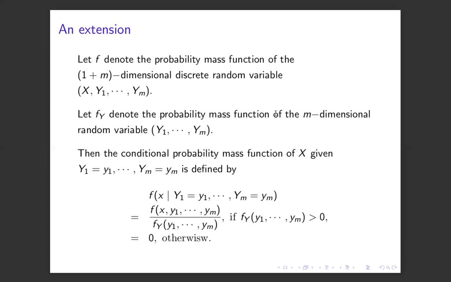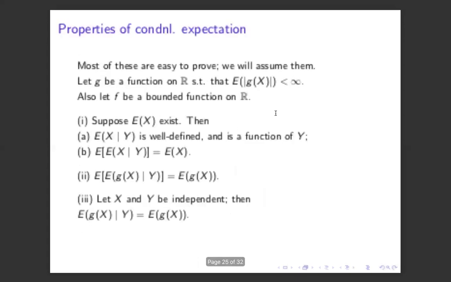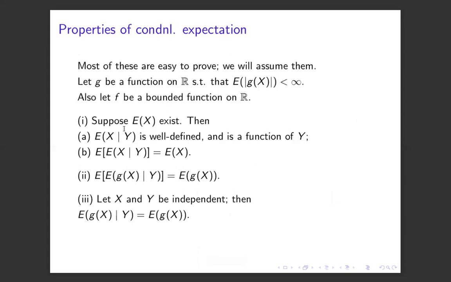So in all these things, this Y here is a real valued random variable. This we may need to substitute with a vector valued random variable, not the numerator, but the denominator.